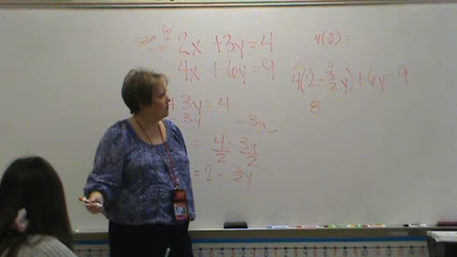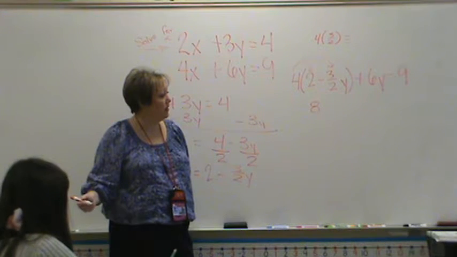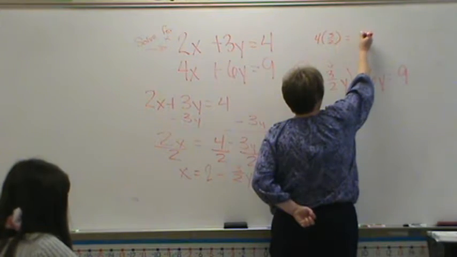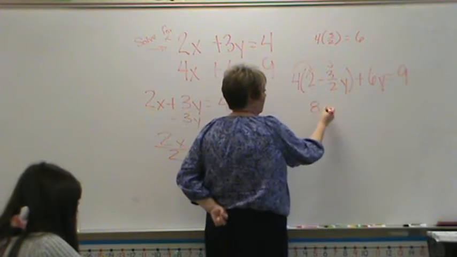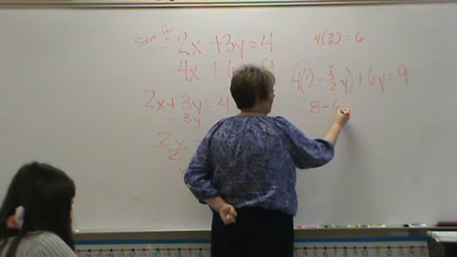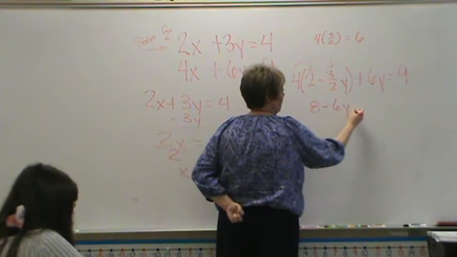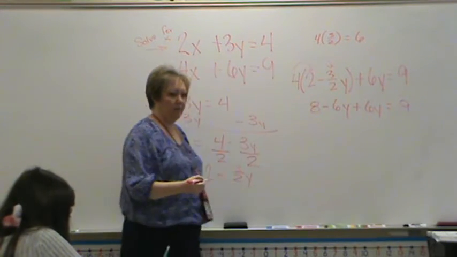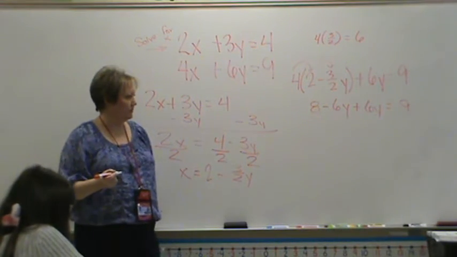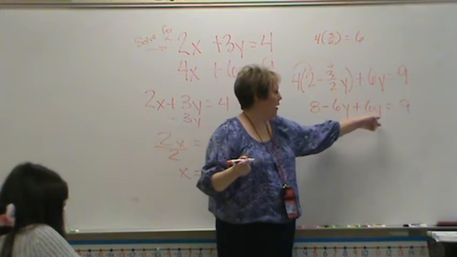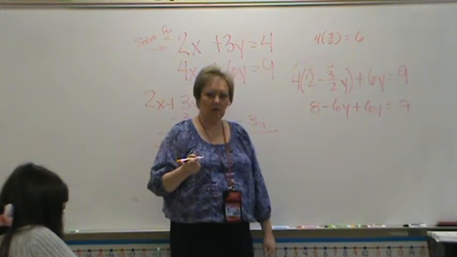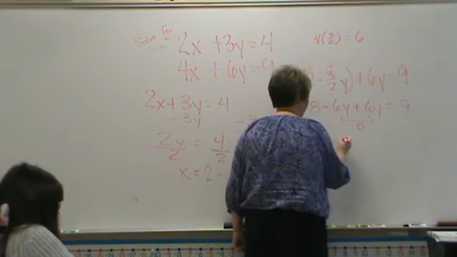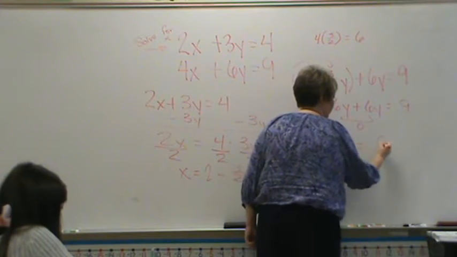It's what? 12 over 2, which reduces to 6 over 1, which reduces to 6. Now what? Negative 6y plus 6y is what? 0. So that's 0. I've got 8 equals 9.